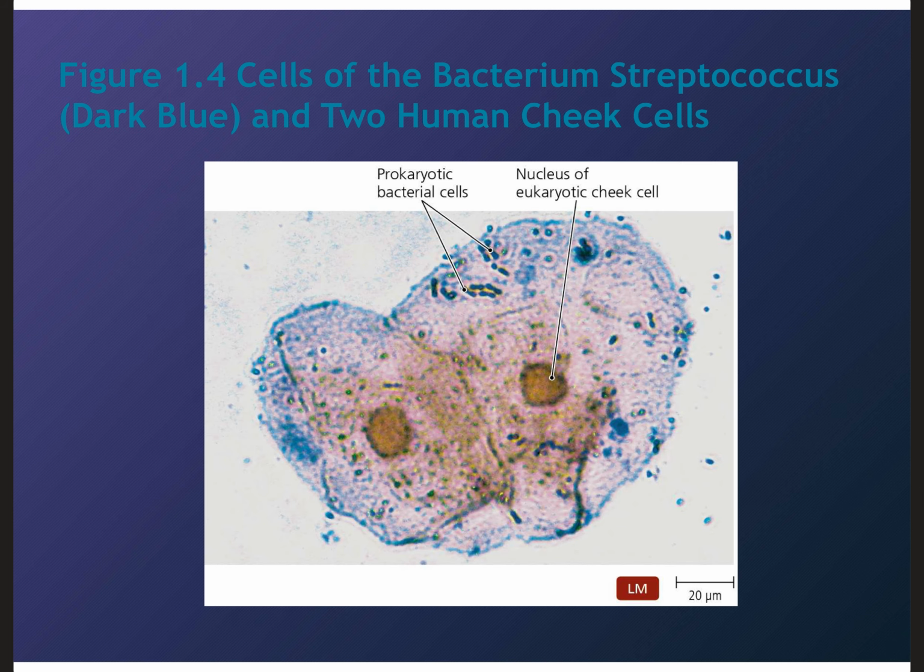So this is a picture of, or a micrograph, a light micrograph, of 2 human cheek cells. Right, there's one. And there's the other one. Right? The bacteria on this image are right here.